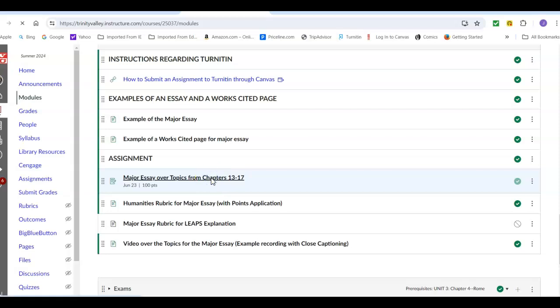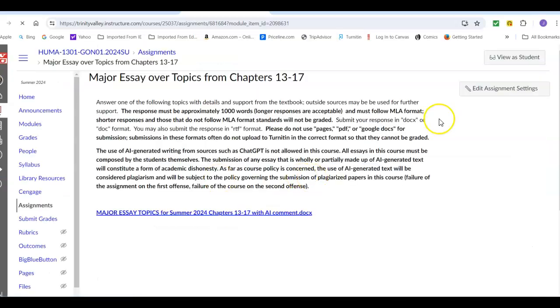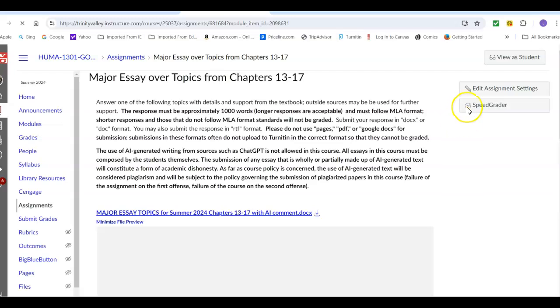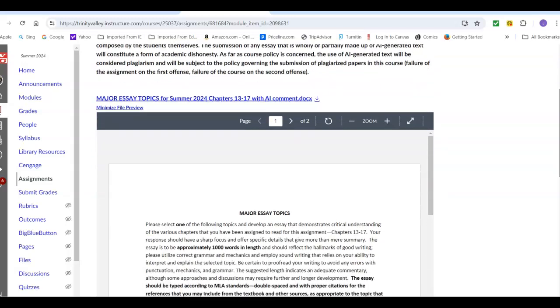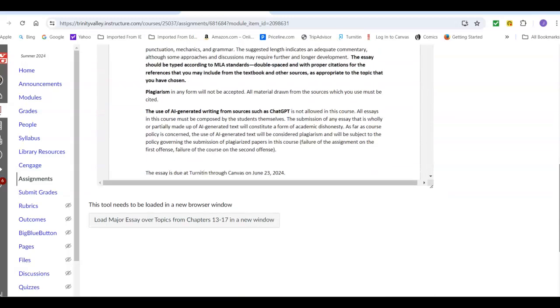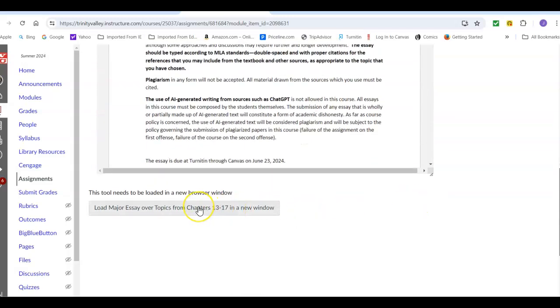For the major essay topic, when you click here, you'll see a presentation of some of the details, and the topics themselves pop up down here. And then when you scroll below this, you will see the bar that is listed here, and this is what you click on to open Turnitin.